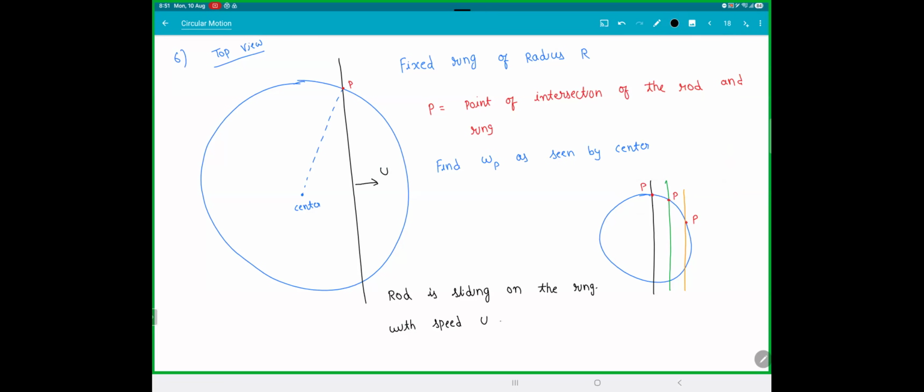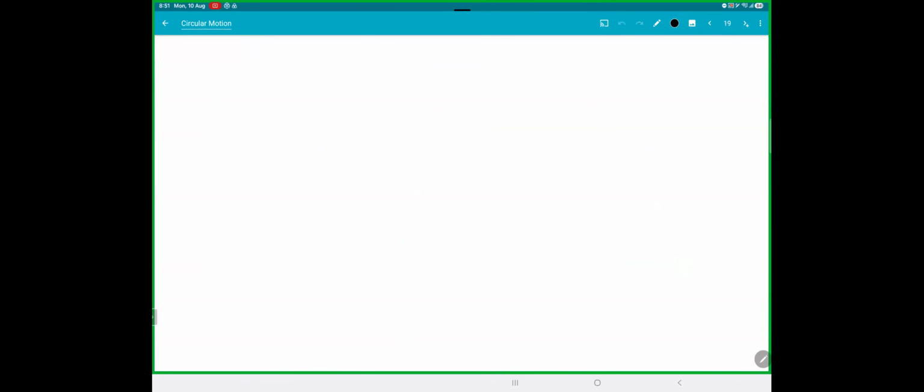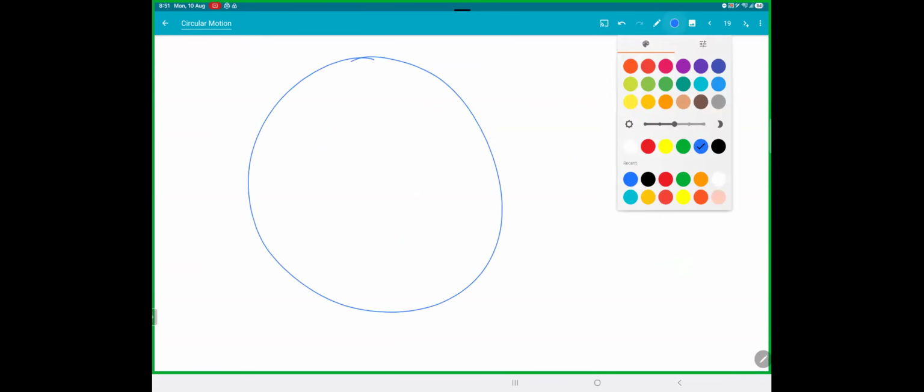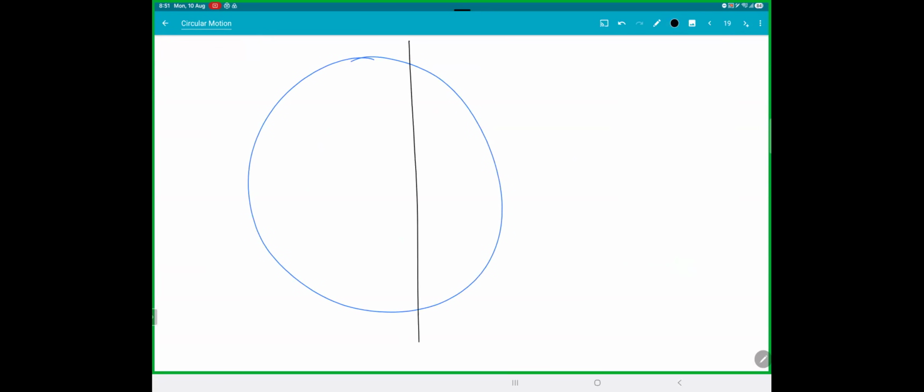Is the question clear, everyone? If I have to brief it up, listen again. So this was the ring. Initially, let's say the rod is here. So this is point P. After some time, the rod is here, and this is point P. Now, for someone who's standing at the center, if you ask him, boss, what happened to P? He will say, the P has rotated, right?